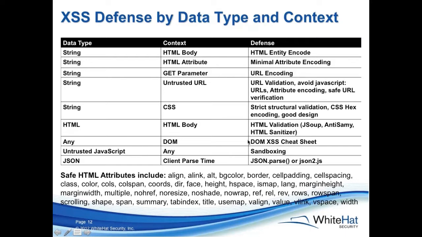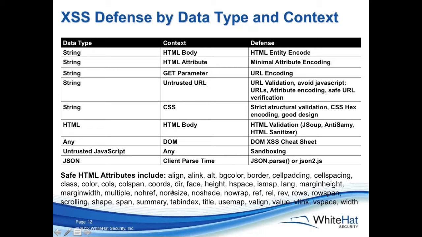And we have other defenses that we need, like DOM XSS has special techniques like avoiding certain APIs. In some cases, we want to sandbox. There are a bunch of emerging technologies, like the iframe sandbox, that's going to help us. And then we want to parse JSON in a safe fashion. We want to avoid parsing JSON with eval, and we only want to parse JSON with formal methods like JSON.parse available in modern browsers.